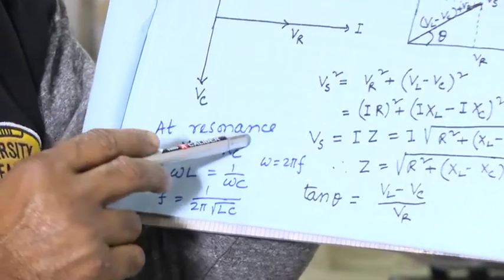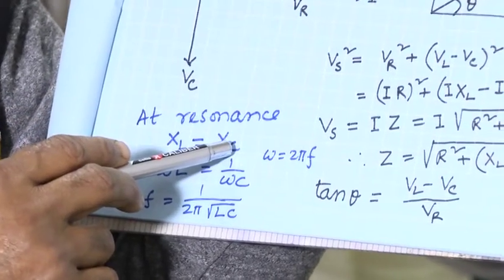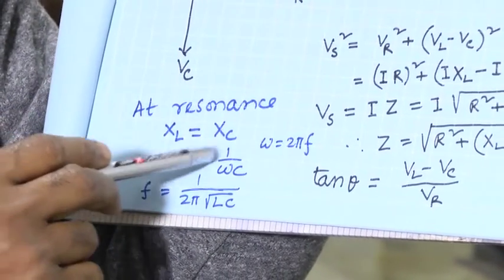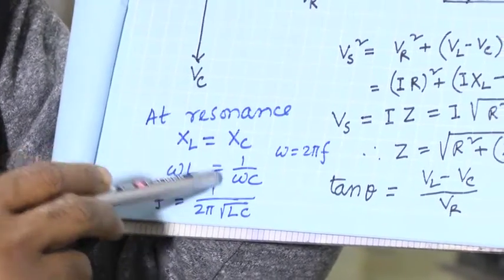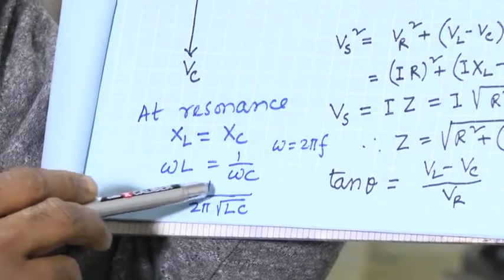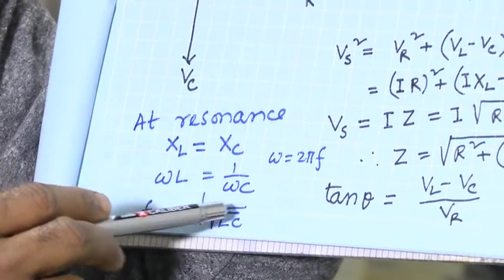So at resonance XL equals XC, so this is omega L and this is 1 by omega C. Basically if you put omega equal to 2 pi f, then f is equal to 1 by 2 pi square root of LC.